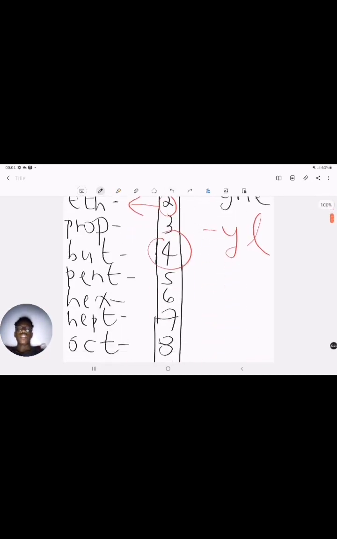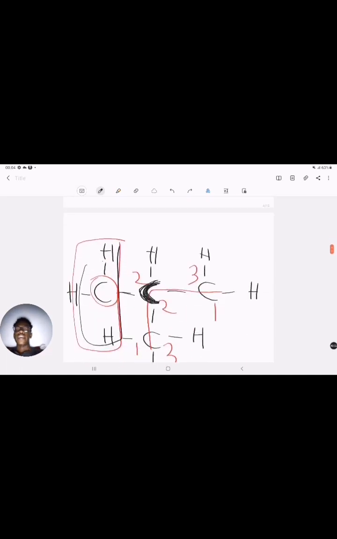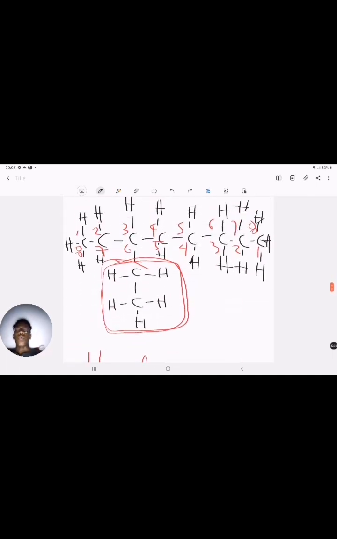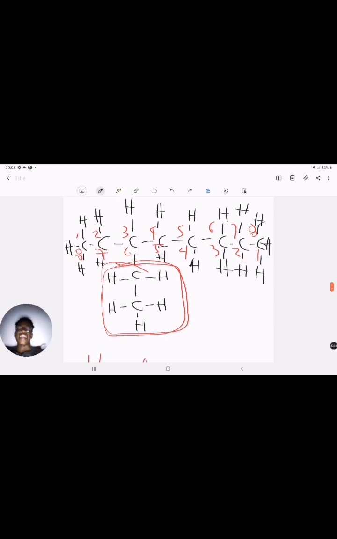If I'm dealing with alkanes, cool, I know that my alkyl is attached to an alkane, but what alkane is it attached to? Well, how many carbon atoms does it have? 1, 2, 3, 4, 5, 6, 7, 8. It has 8 carbon atoms.